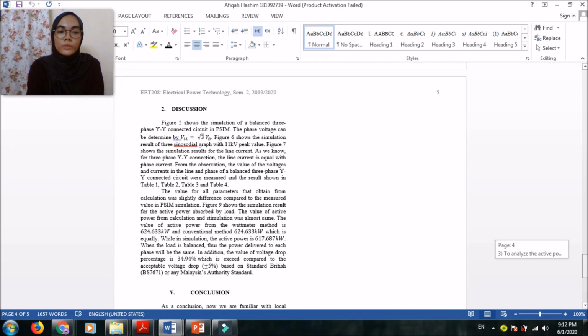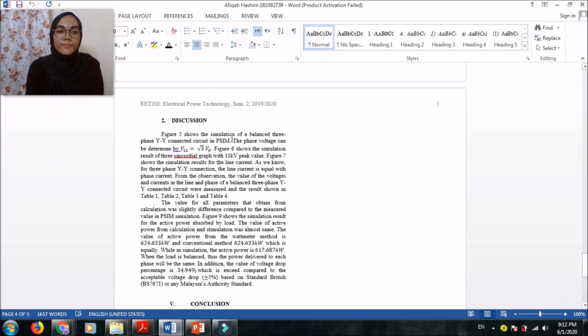Okay, we go to discussion. Figure 5 shows the simulation for balanced three-phase wire connected circuit in PC, and the phase voltage can be determined by the formula V_LL equal to √3 times V phase.